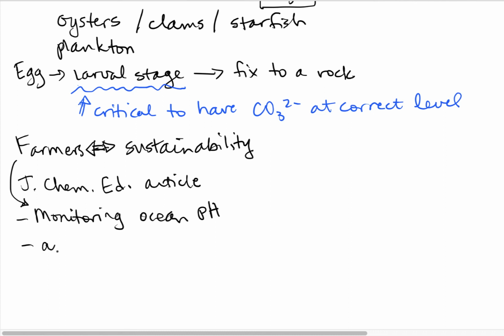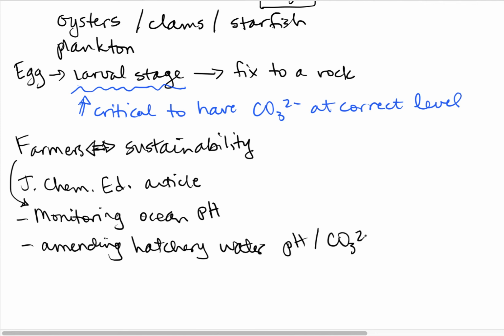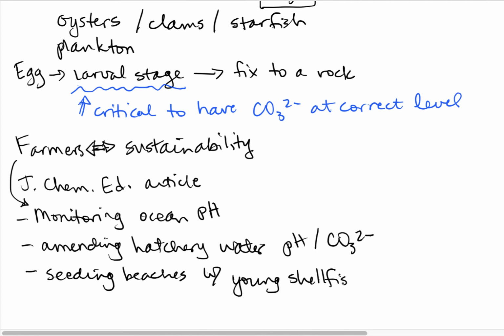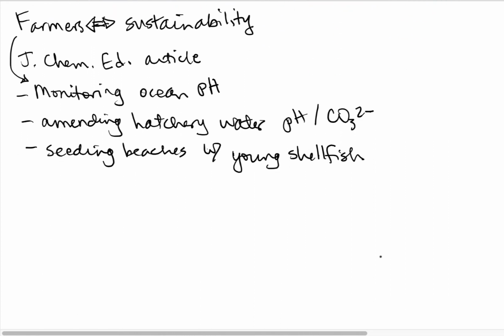They are now amending their hatchery water, both in terms of the pH and the carbonate levels, in order to make sure that their larvae have enough carbonate to make their shells, and then they are seeding beaches with young shellfish. And it turns out that it's mainly that larval stage that's super sensitive to the carbonate levels.